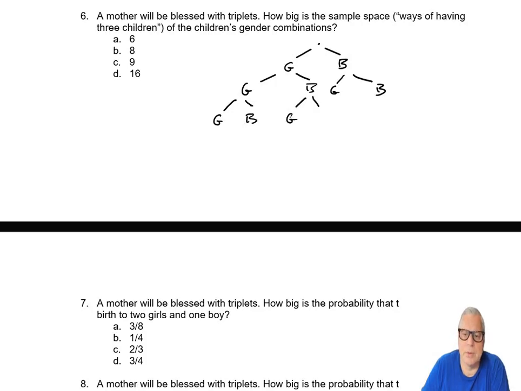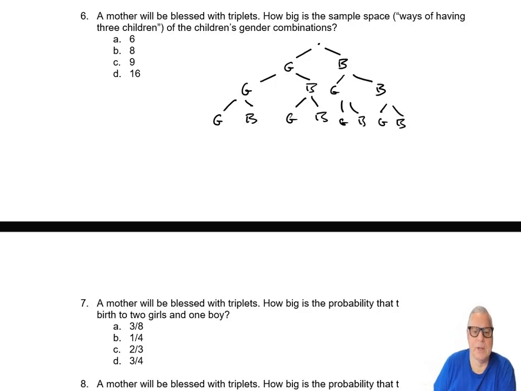So the sample space is the set. Okay, we can have girl, girl, girl. Then girl, girl, boy.